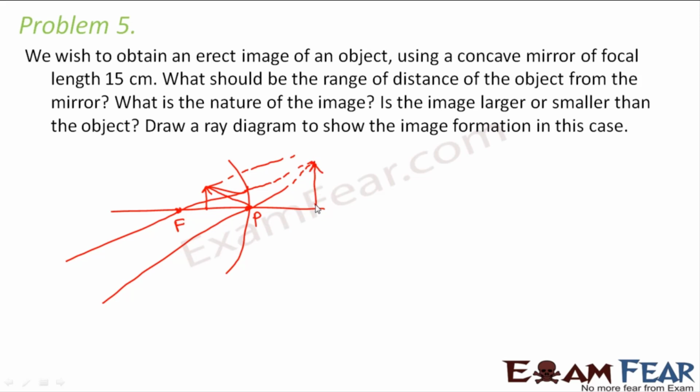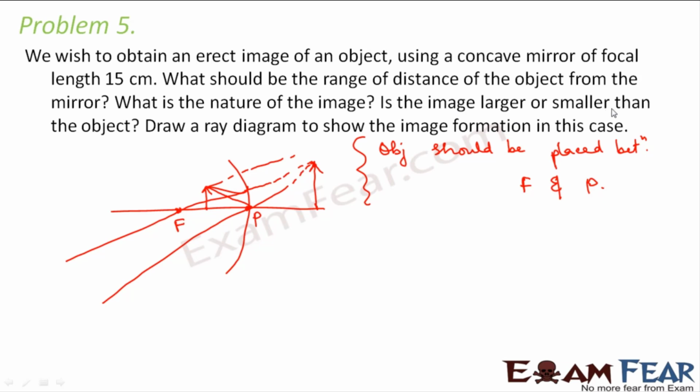So for a virtual image, the object should be placed between principal focus and the pole. That should be the range of distance, right?